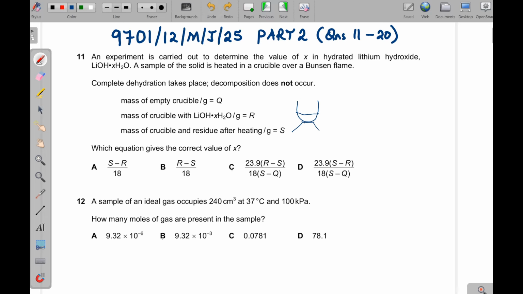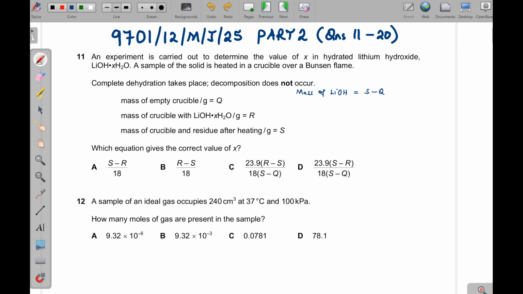So we need to get the mass of lithium hydroxide. First of all, there is the mass of the empty crucible. If this is the total after heating, then I'll have S, then minus the mass of the empty crucible. You see that? So I'll be remaining with this solid only.